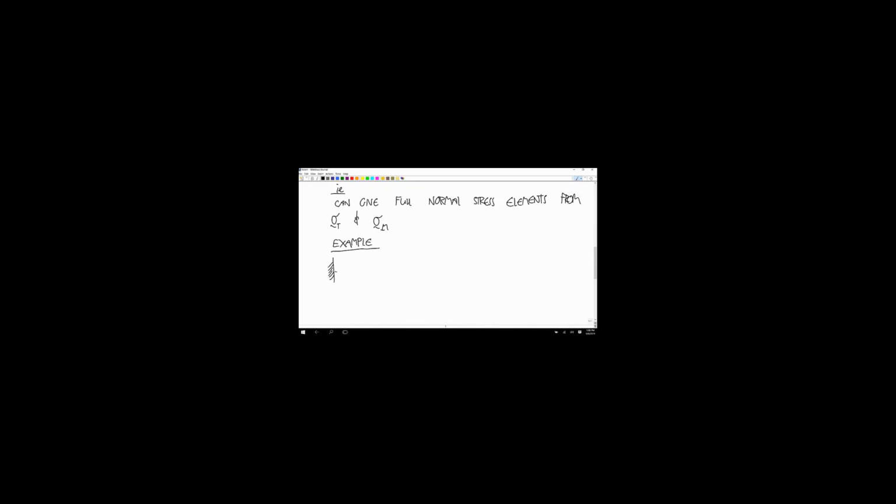Let's say we have a cantilever beam, and we have a force of, let's say, 1,500 newtons and a couple of 200 Newton meters.